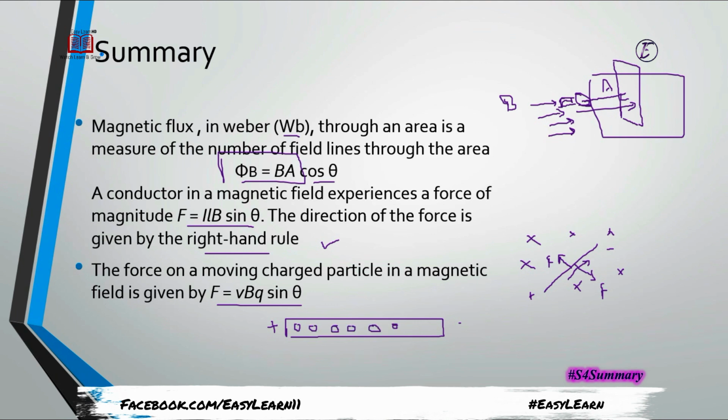If we try to analyze the particles inside, whether they experience an upward or downward force, we need to monitor the velocity of these particles and the charge on them, whether positive or negative. But this detail is already available in the last episode, I think episode 10.